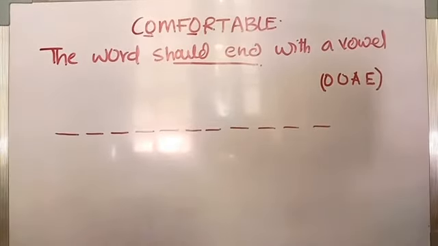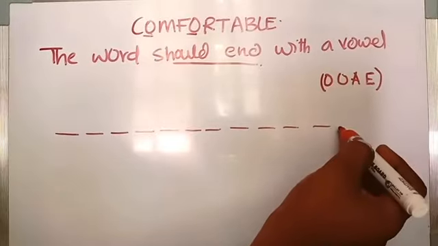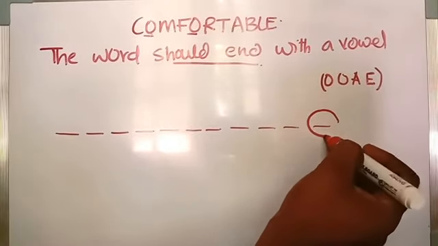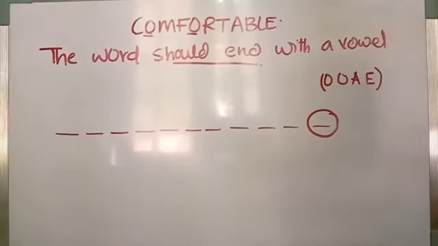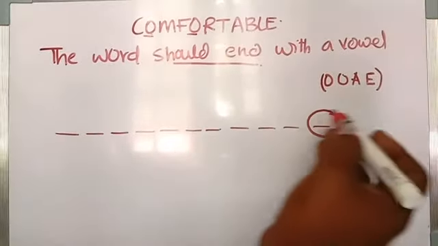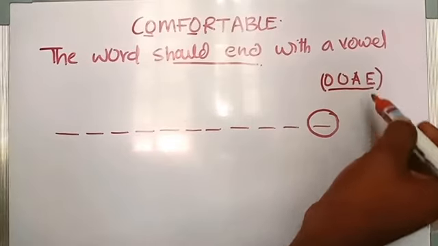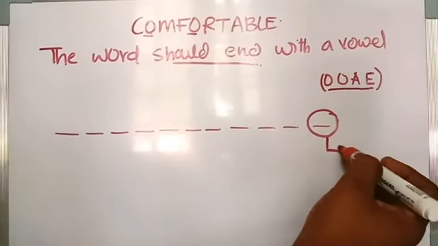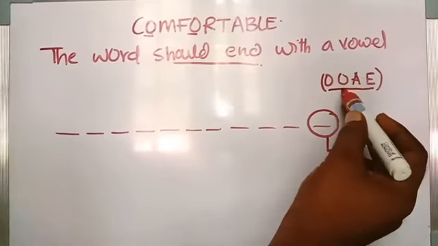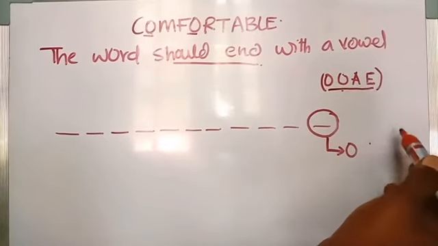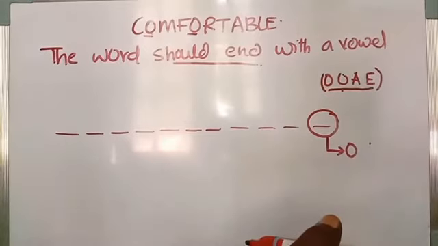So the word should end with a vowel, which means the last place should be occupied with any of these vowels. So the last place can be either O or the other O or A or E.